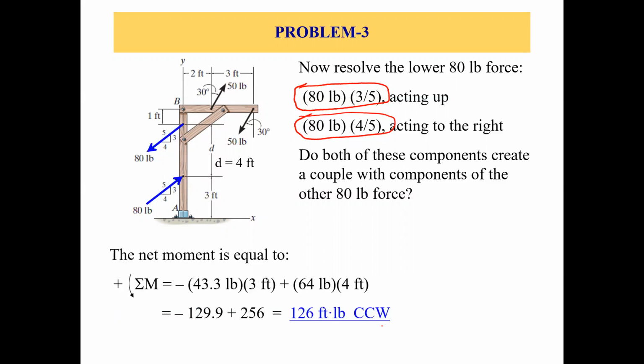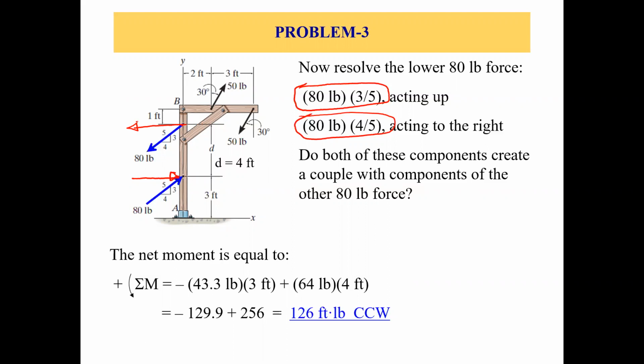Now, since we know that there are two couples acting on this structure, we can find out the net moment, right? So let's find out the net moment. Now let's just draw the couple forces. So this is a couple here, and they have this distance d between them.